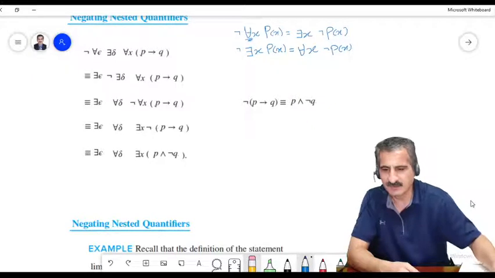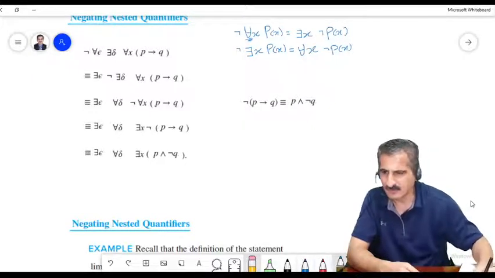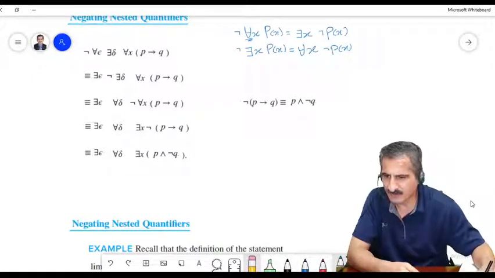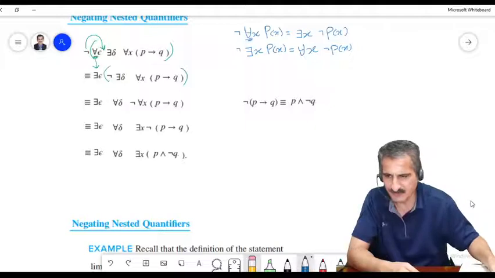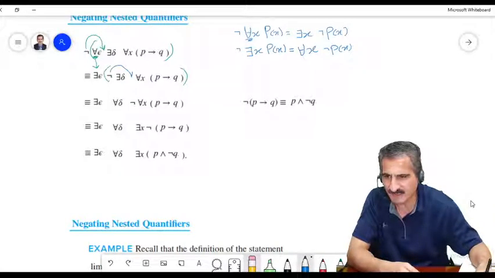Okay, now what we do here, if we want to negate all that, we will bring the negation to the inside of the universal quantifier, but we change the universal quantifier to existential. Okay, so we get that. Now again, to proceed, we will move the negation to the inside of the existential quantifier, but we will change the existential to universal.